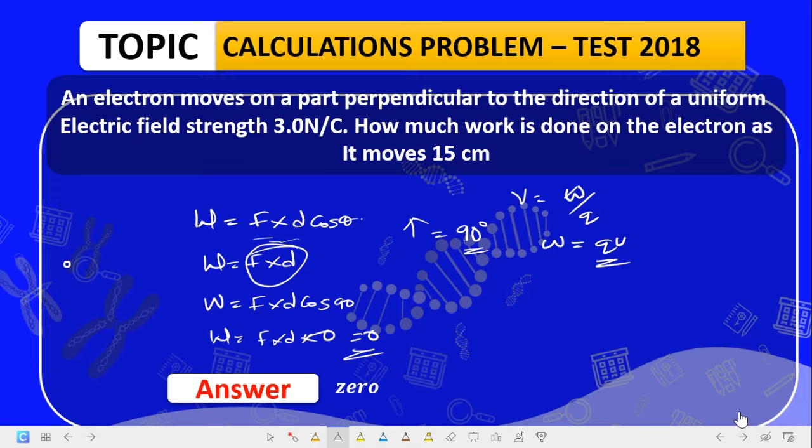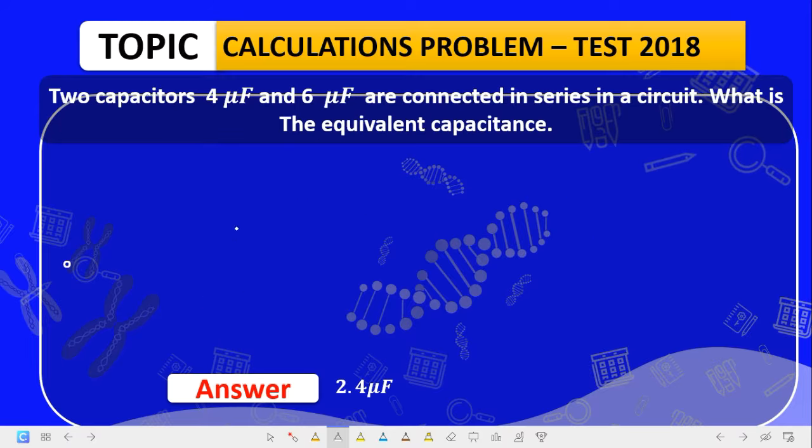Okay, it's two capacitors, 4 microfarad and 6 microfarad, connected in series in a circuit. What is the equivalent capacitance? Now, if they are connected in series, capacitors in series use the reciprocal, so this becomes 1 over 4 plus 1 all over 6.